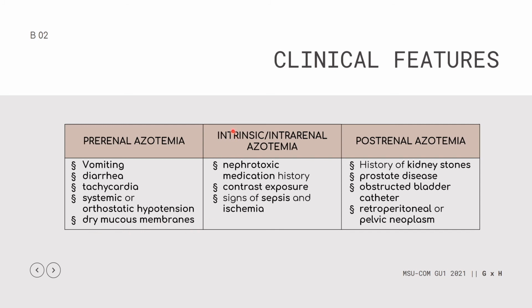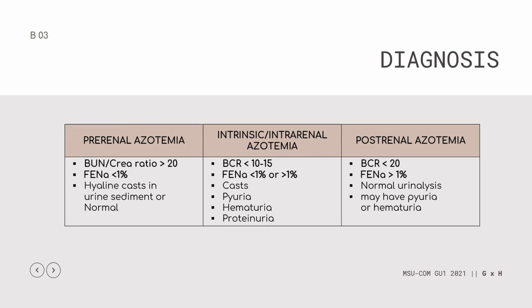In intrinsic azotemia, there could be history of nephrotoxic medication, contrast exposure, and there could also be signs of sepsis and ischemia. On the other hand, in postrenal azotemia, there could be history of kidney stones, prostate disease, obstructed bladder catheter, or retroperitoneal or pelvic neoplasm.